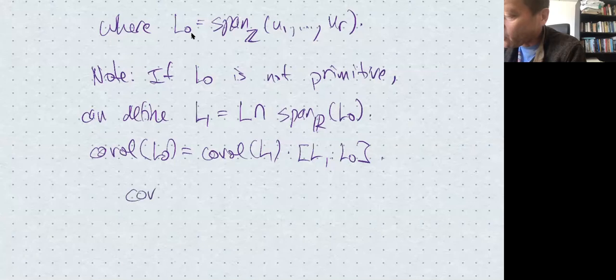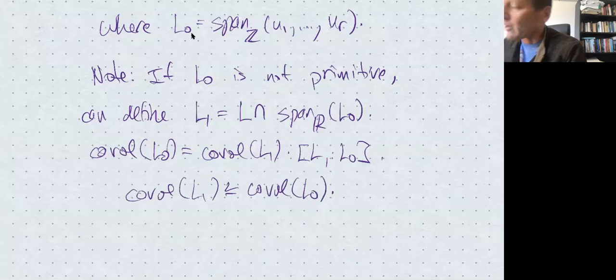So in particular, the co-volume of L1 is smaller than the co-volume of L0. So every L0, primitive or not, contains a primitive additive subgroup of smaller co-volume. And so the infimum won't change if we restrict ourselves to primitive additive subgroups.